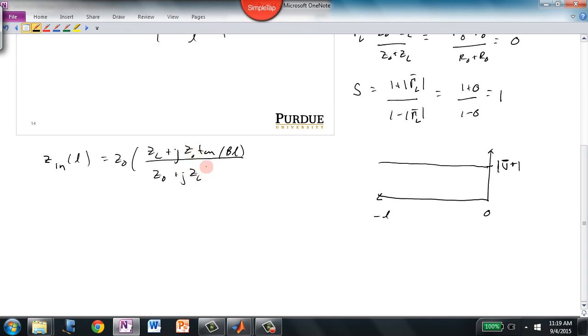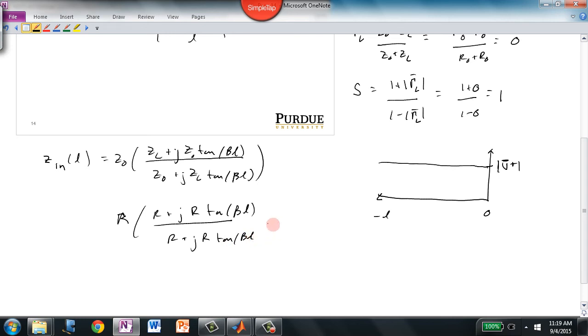And so what I need to do is plug in R for all of these, and we get R times (R plus j R tan beta L) over (R plus j R tan beta L). So the numerator and denominator are the same, so that is equal to R. So Z in of L is equal to R.